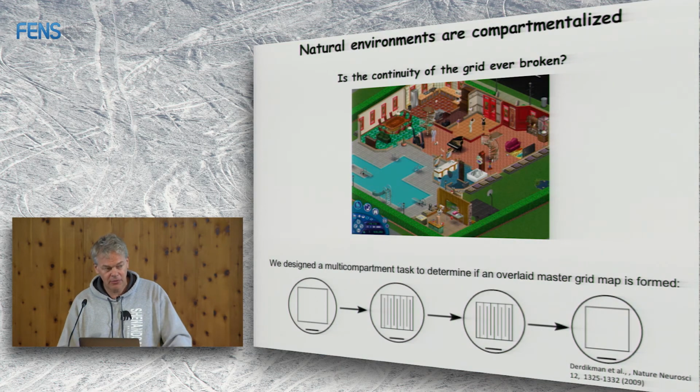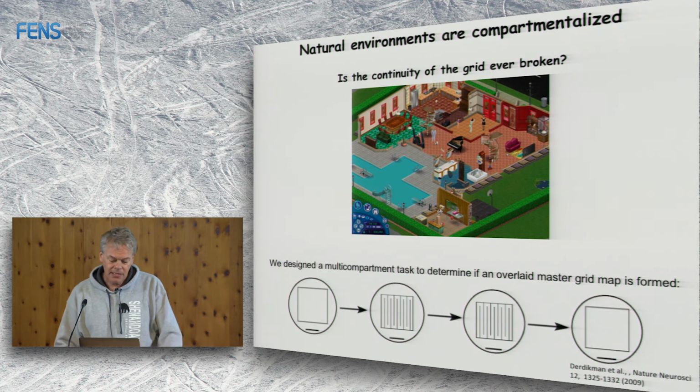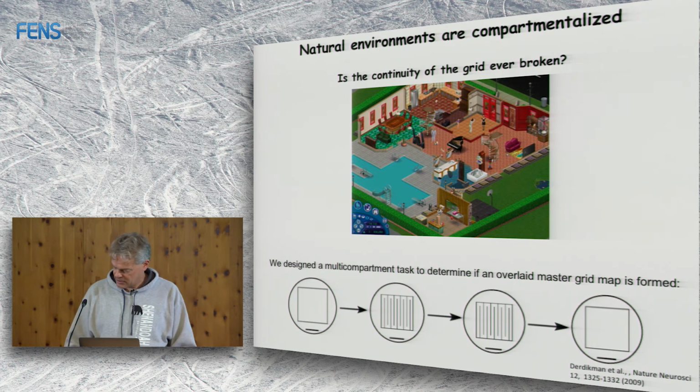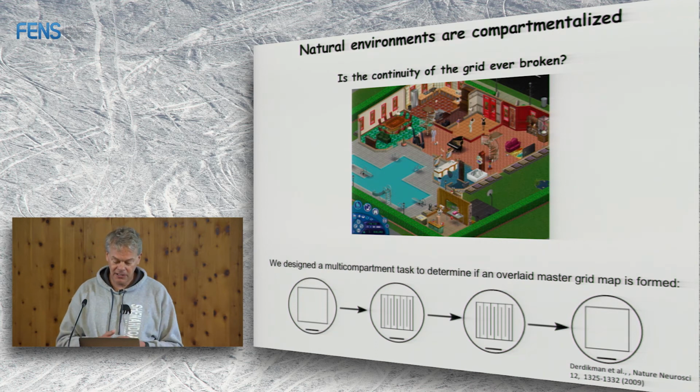One of the questions you may ask, which was asked early on, is whether there is a continuous grid. Do grid cells have one grid pattern that just extends from here to Siberia? That's not the case, because environments are compartmentalized like houses. They consist of rooms that are pretty much individual units.